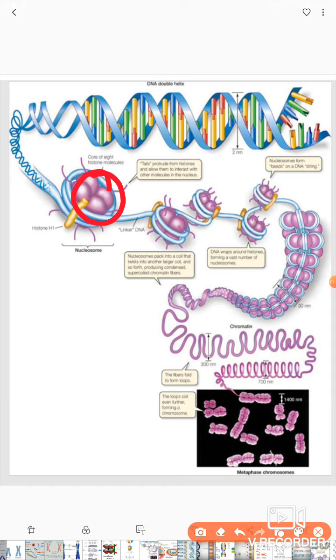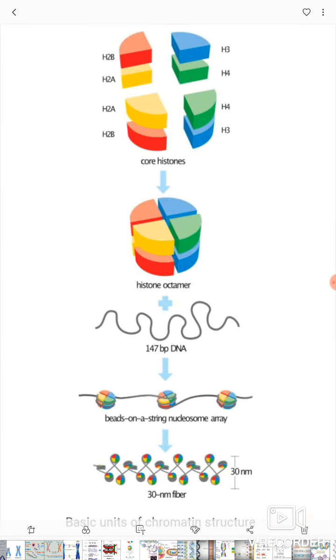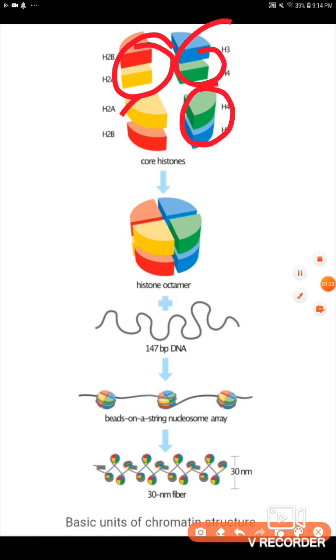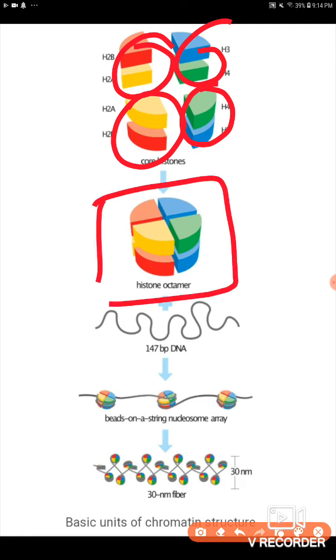Now, what is histone protein? Histone is actually an octamer. Eight molecules of histone together form an octamer molecule. It is called the histone octamer.